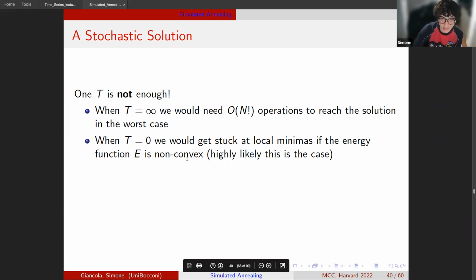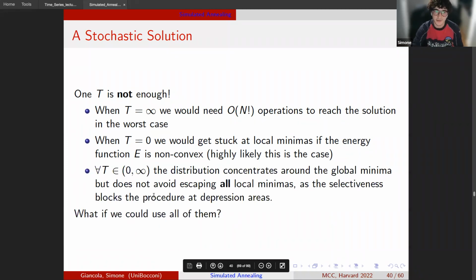In the traveling salesman problem, it is highly likely that this is the case because the traveling salesman problem is combinatorially exploding. It has lots of complications, lots of complexities in terms of the shape of the distances. It's a difficult instance.